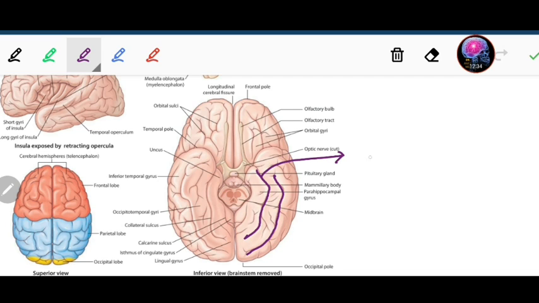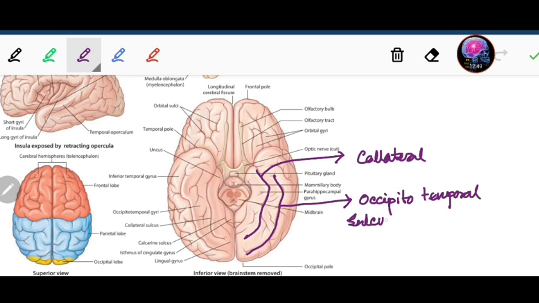The medial one is the collateral sulcus, and the lateral one is the occipito-temporal sulcus. These two sulci divide the surface into three gyri: lateral and medial occipito-temporal and parahippocampal gyri.